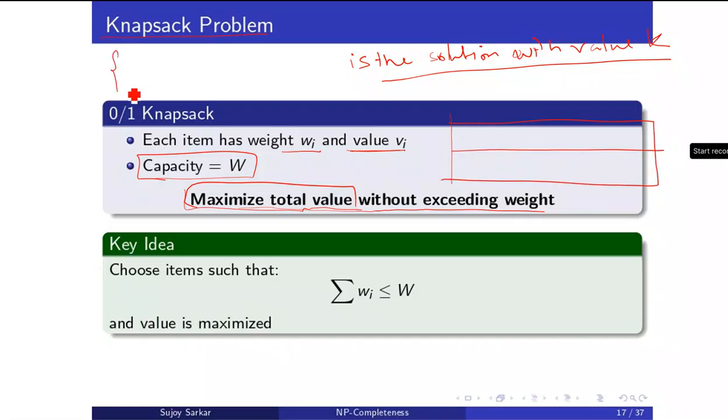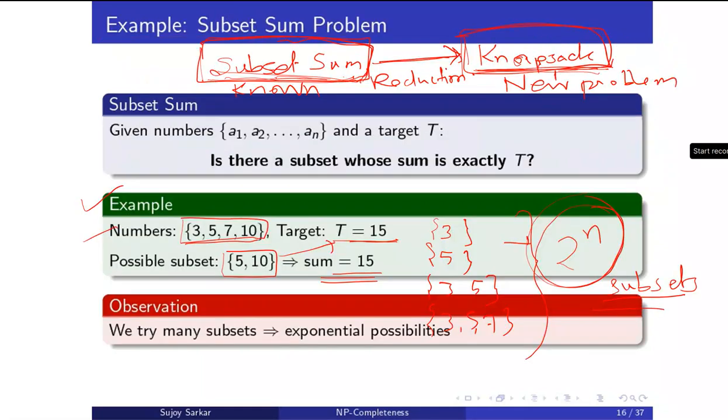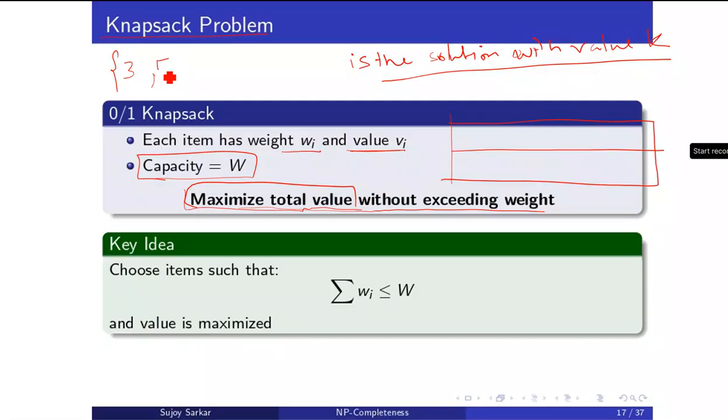So our subset sum problem, we had these elements 3, 5, 7, 10, and the target is 15.